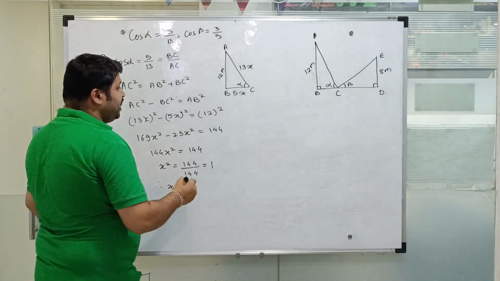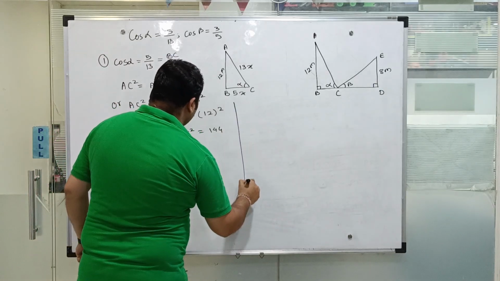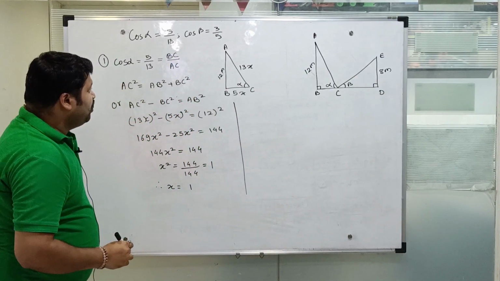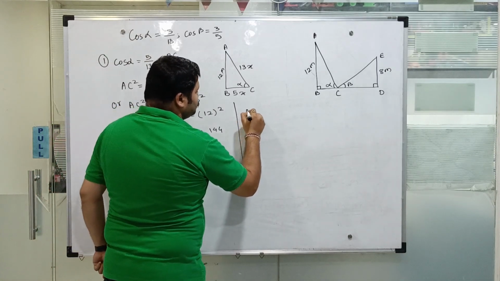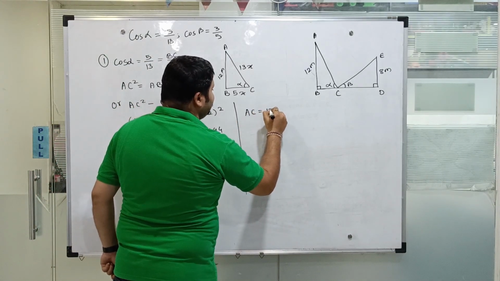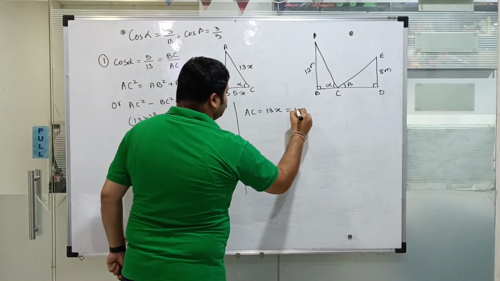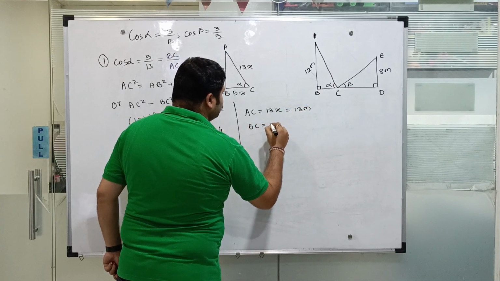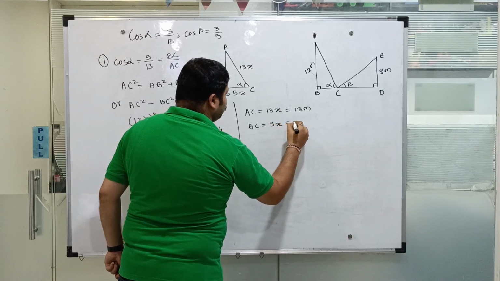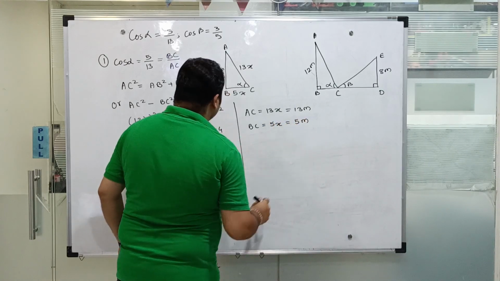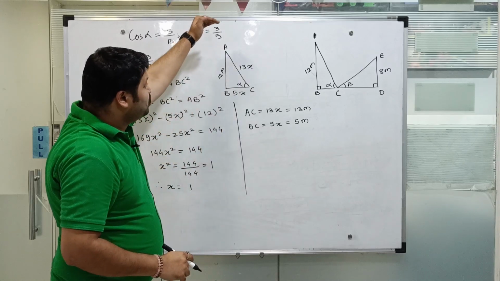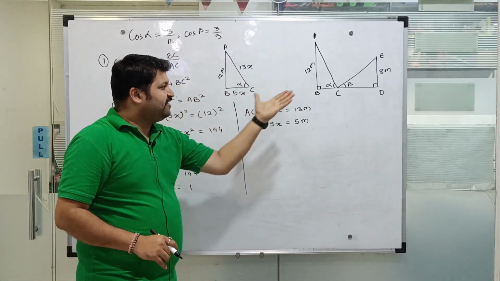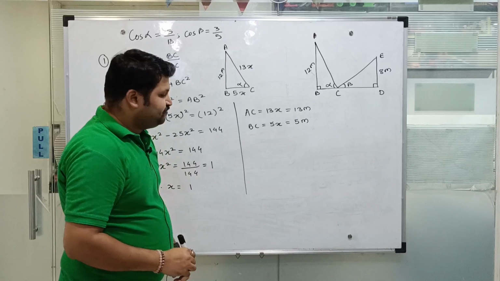So we can find the value of AC. AC is equal to 13x, so that would be 13 meters, and BC is equal to 5x, so that would be 5 meters. I will write these two values up here and then we can go ahead and find the value of CD.